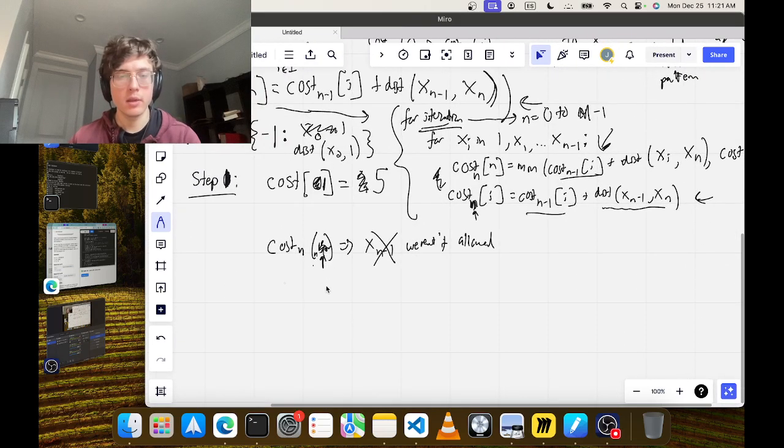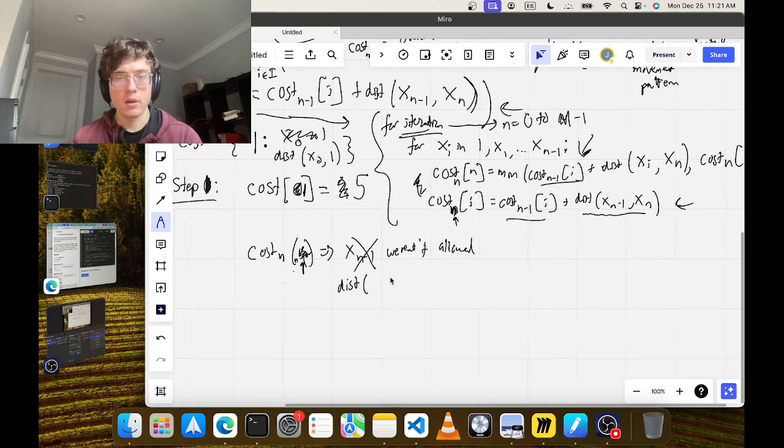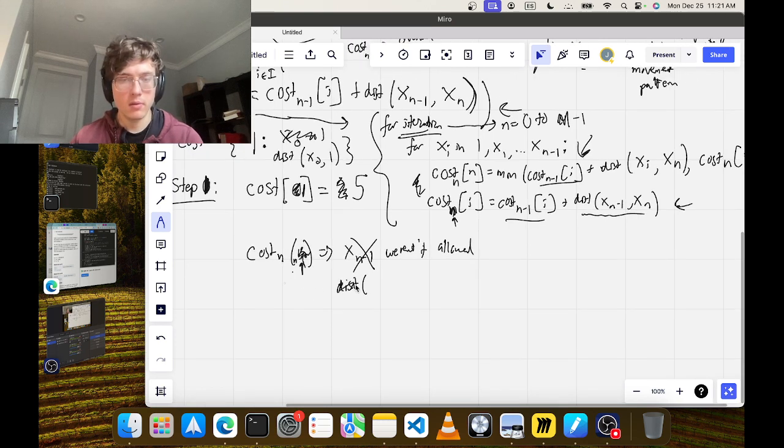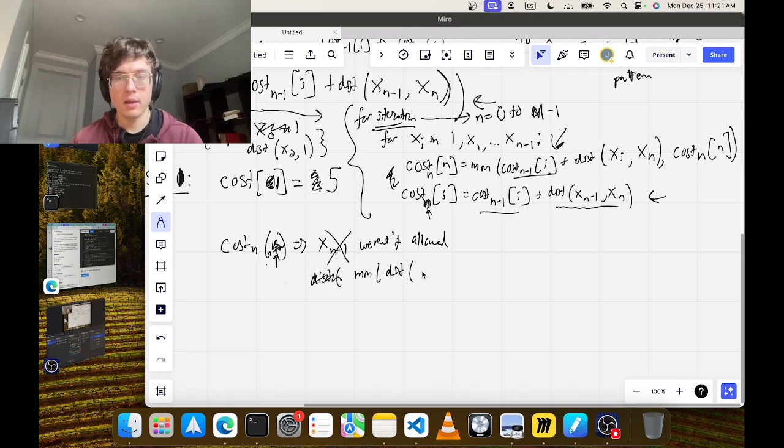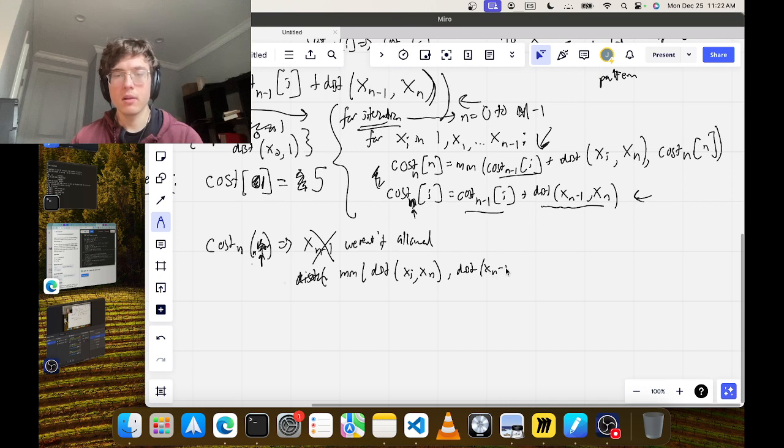So instead, we have to keep track of a return value that, just for the very last iteration, finds the minimum between the distance of the one that you have been saving up all this time, xi to xn, and the distance between xn minus 1 and xn.